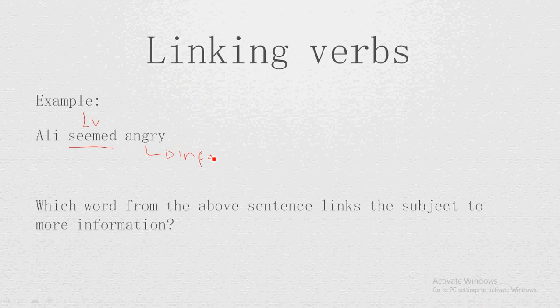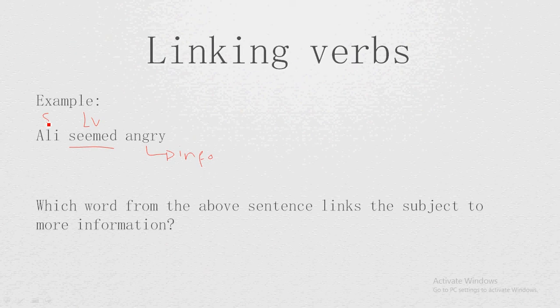Ali seemed angry. Ali is the subject, and we said linking verbs provide information about the subject. The word seemed is linking Ali to the extra information about Ali, which is angry.